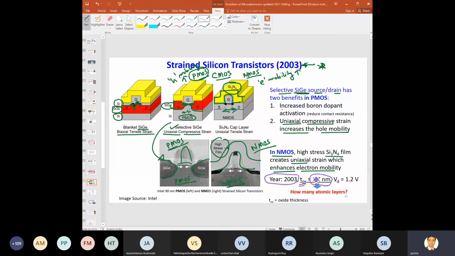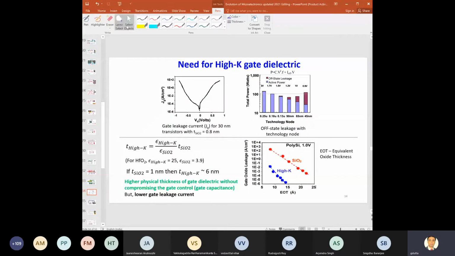So in 2003 itself, the oxide thickness was 1.2 nanometer. Can you guess how many layers of atoms there are at 1.2 nanometer? It is only a few layers of atoms, and that creates the issue. When the oxide becomes so thin, tunneling, meaning the leakage current, plays a very important role. See this here. This is the gate leakage current, right?